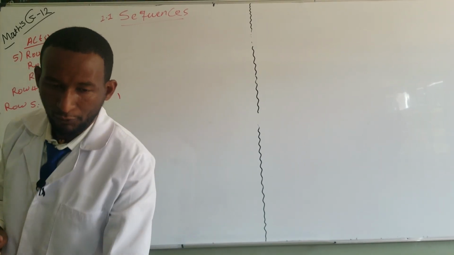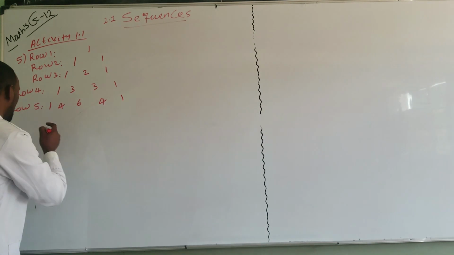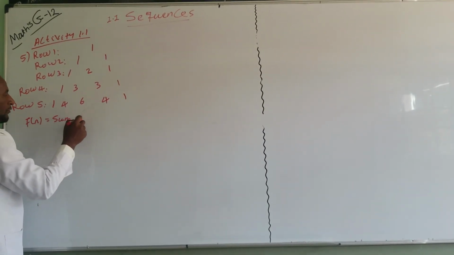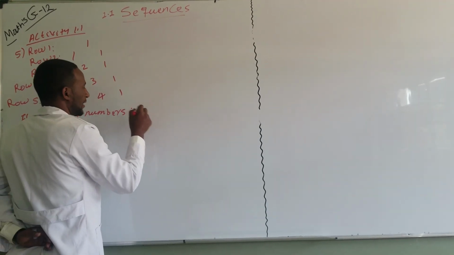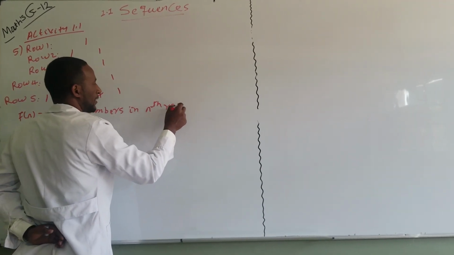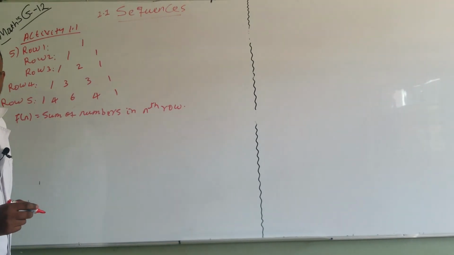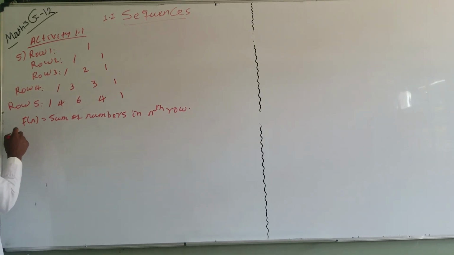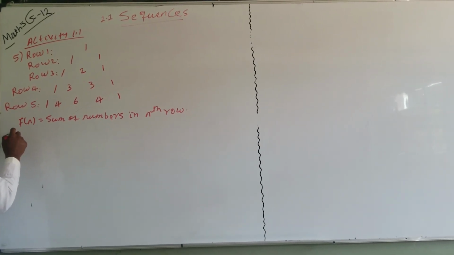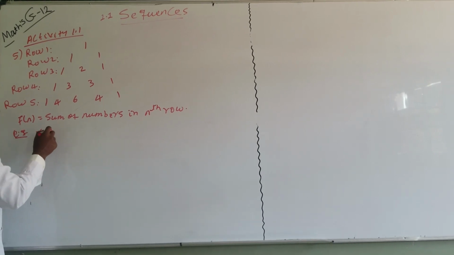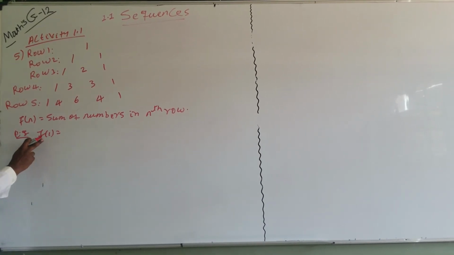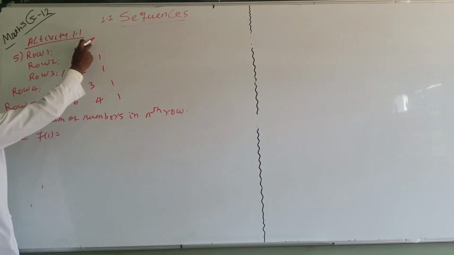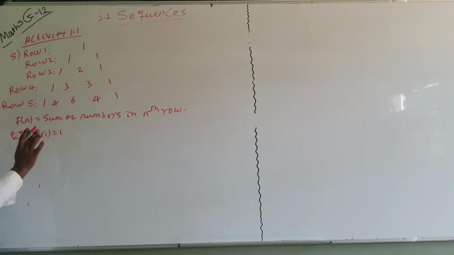F of n is the sum of the numbers in the nth row. For example, f of 1 is given: the sum of numbers in the first row, which is just 1, nothing to add.